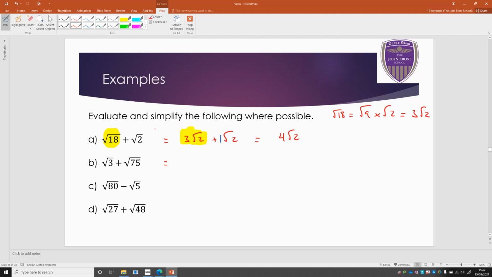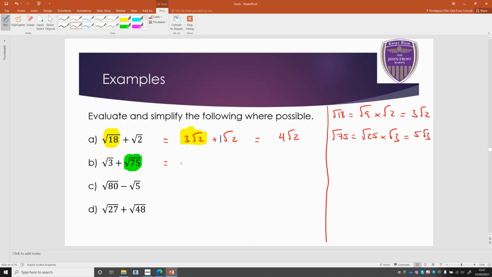Same thing with part B. Root 3 is dead. Nothing you can do with this. Root 75, on the other hand, is very much alive. So root 75, remember, we've done it before. This is 25 times 3. So in the end, it's 5 root 3.